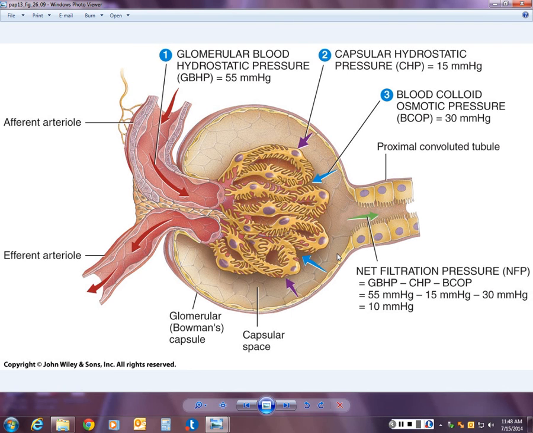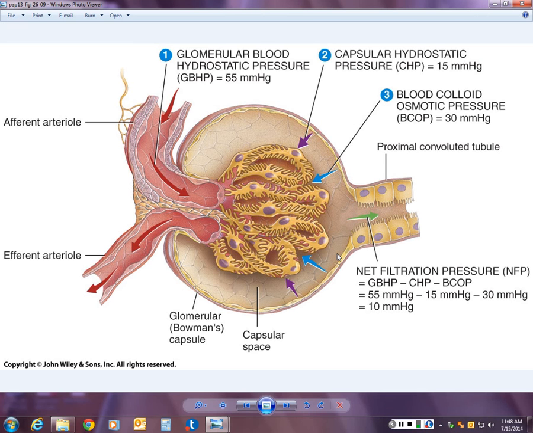From a realistic standpoint, that glomerular blood hydrostatic pressure is most commonly linked to your systemic blood pressure. So there's a linkage that you need to start to make here. Blood pressure, in part, determines glomerular blood hydrostatic pressure, and that, in part, determines filtration rate. So as your blood pressure changes, in theory, you should see a change in your filtration rate.